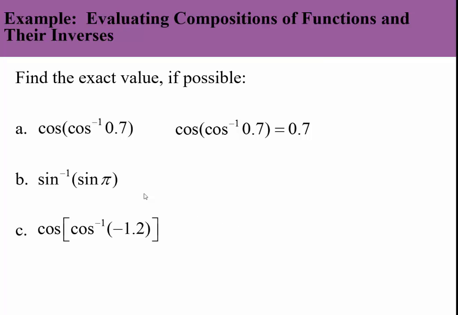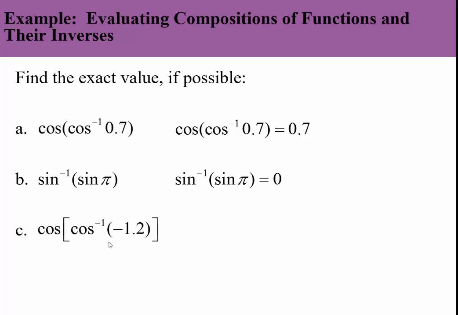All right, so we're going to find the exact value, if possible, of the cosine of the arc cosine of 0.7. And if this is in that restricted range, you won't believe how easy this is. You will get that answer. The inverse sine of the sine of pi is going to be 0. Now remember, the sine of pi is 0, so the inverse sine of 0 would be 0.